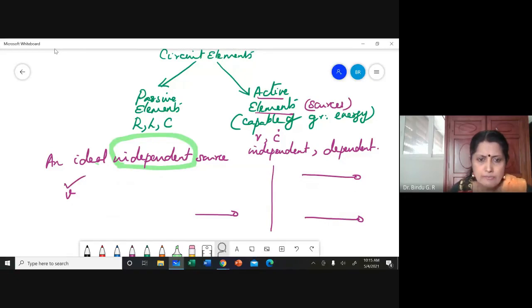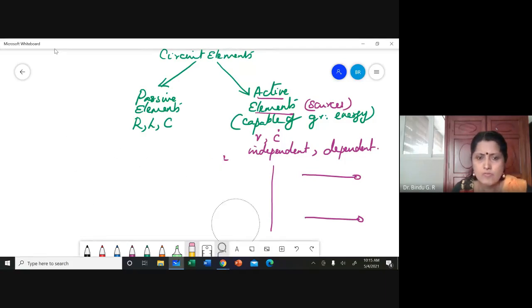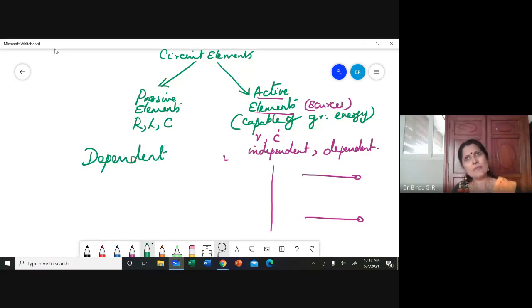If it is an ideal dependent source, what I mean by ideal dependent or independent source is that whatever value is mentioned, that is there. Within the battery also, you might have learned there are internal resistances where there can be some drop, etc. That is not considered at all. I'm considering it as an independent source and a dependent source, ideal.